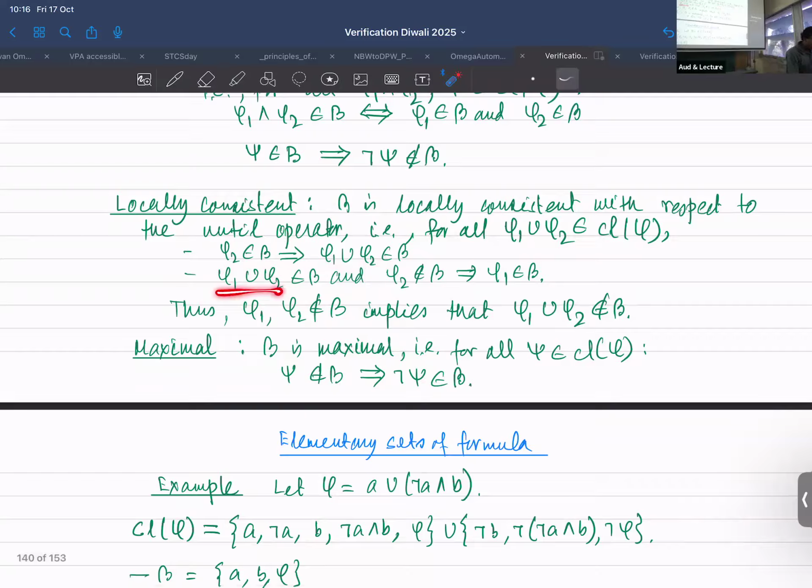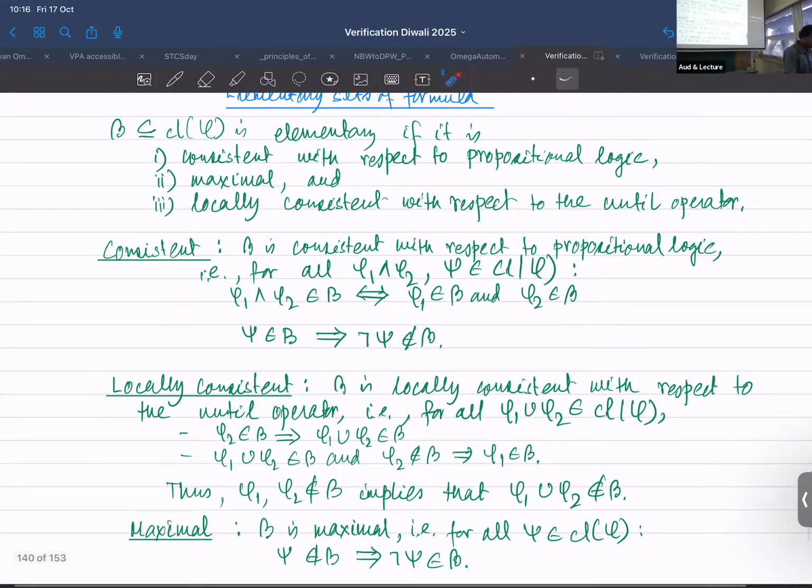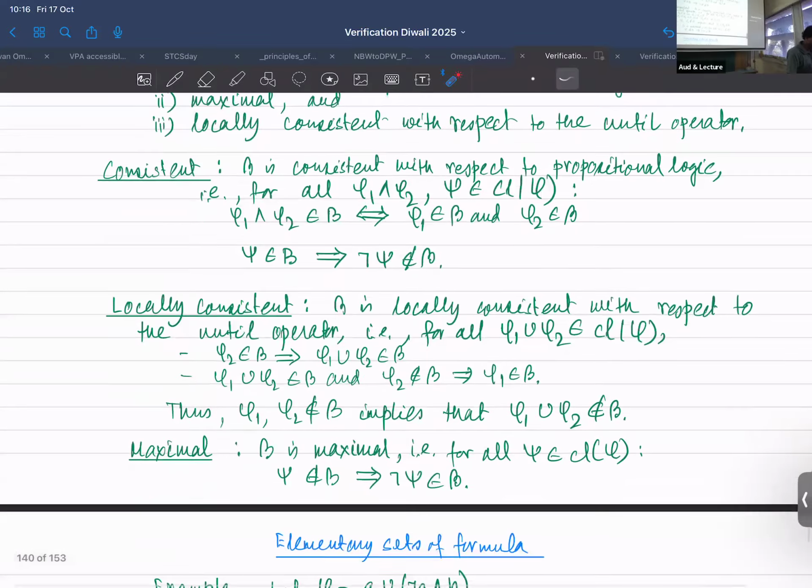And if phi 1 until phi 2 belongs to beta and phi 2 does not belong to beta, then phi 1 has to be in beta. Right? Yeah. So this is the thing. Sorry, I was also talking about the next operator in the local consistency, but that's not quite correct. The local consistency is with respect to the until operator only.